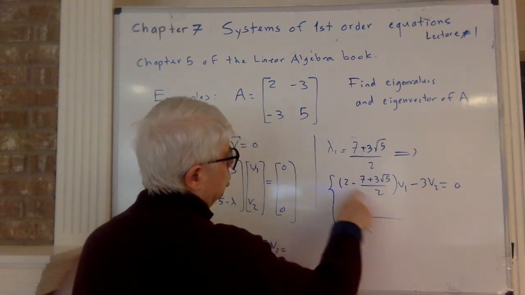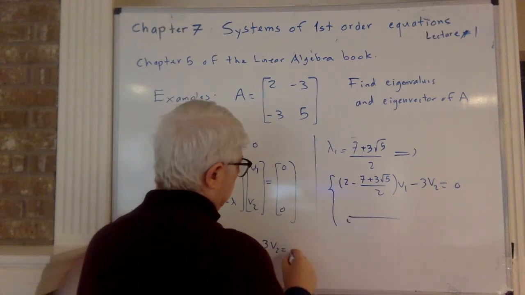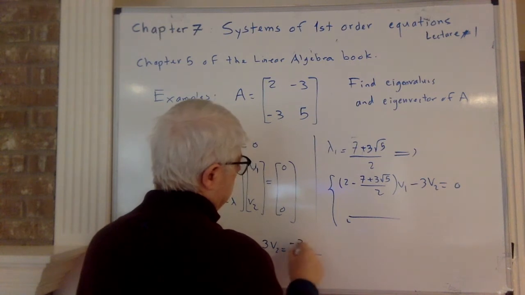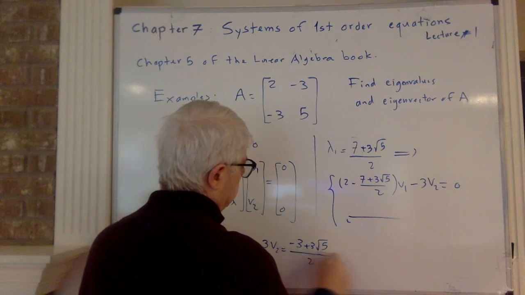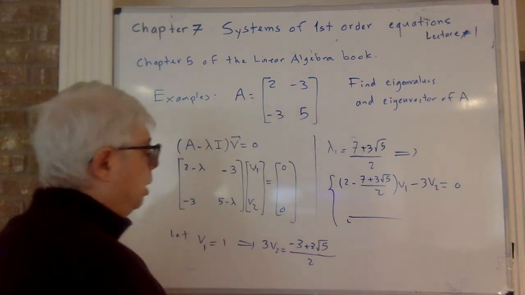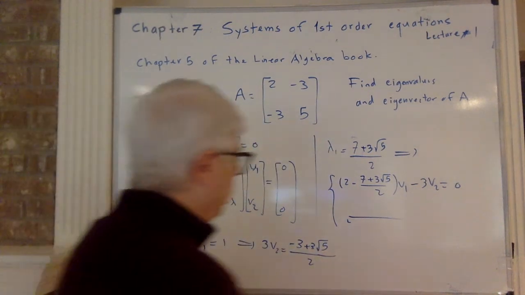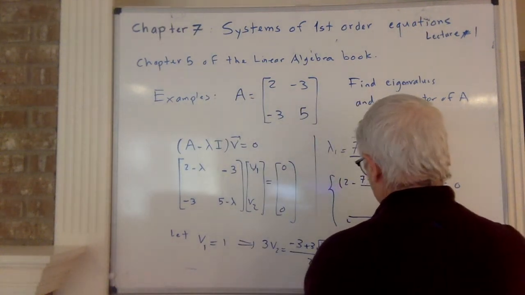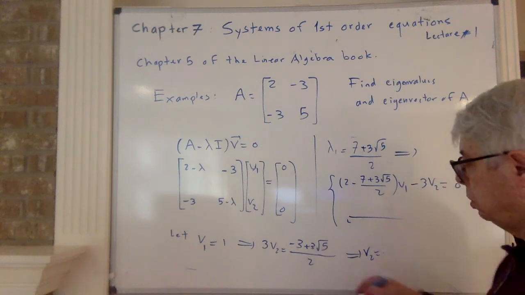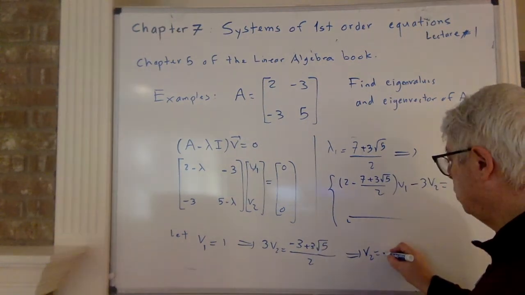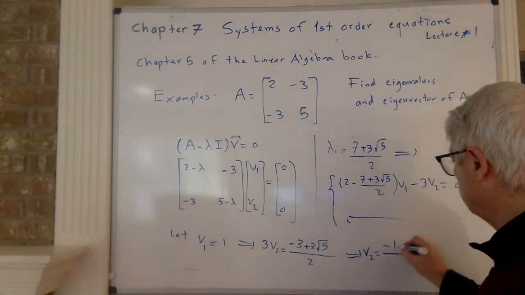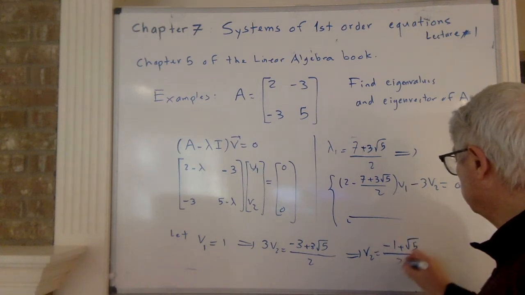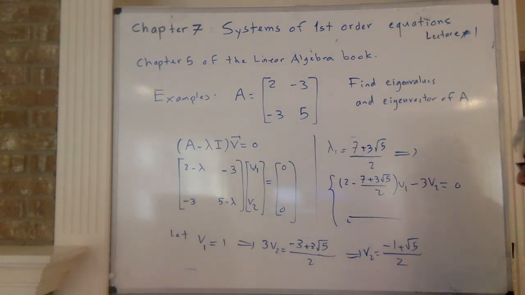Well, let me multiply 2 times 2 is 4, minus 7 will be minus 3 plus 3 square root of 5 over 2. So v2 will be, this is 3 and 3 and 3, so the 3's cancel out. I will get minus 1 plus square root of 5 over 2. So that's v2, if v1 is 1.